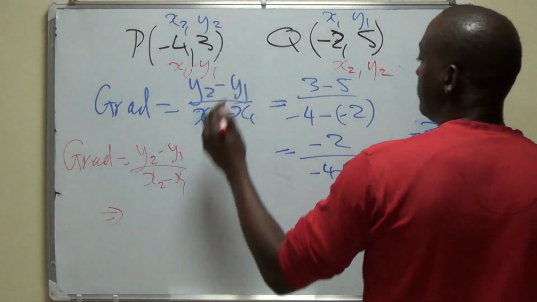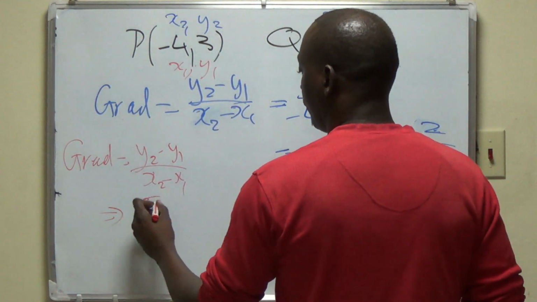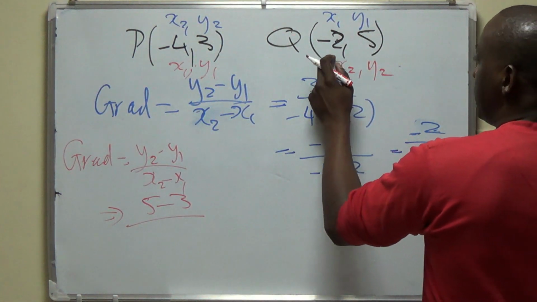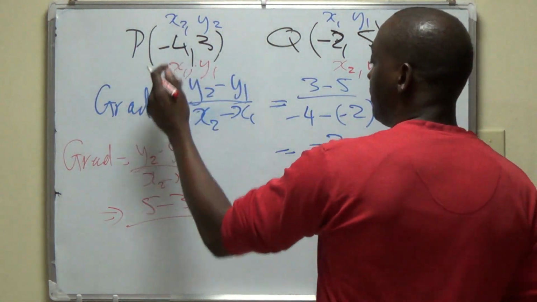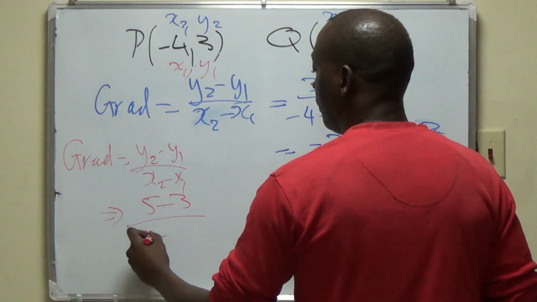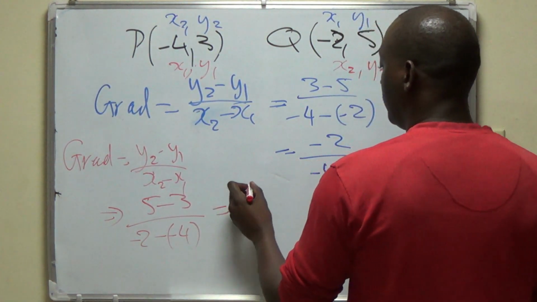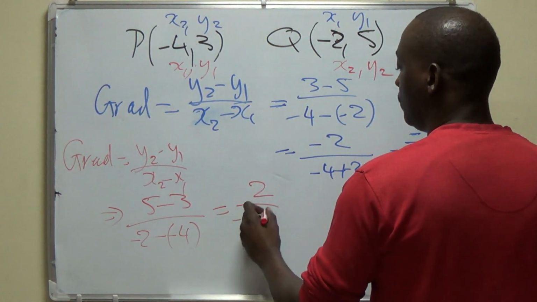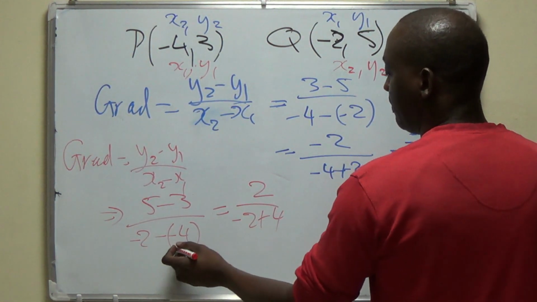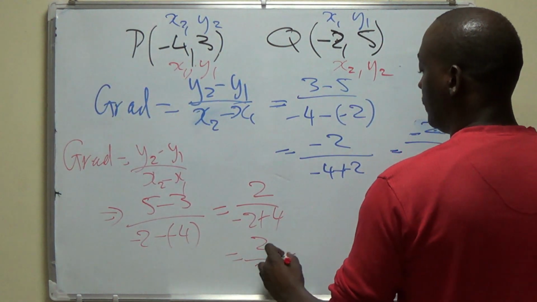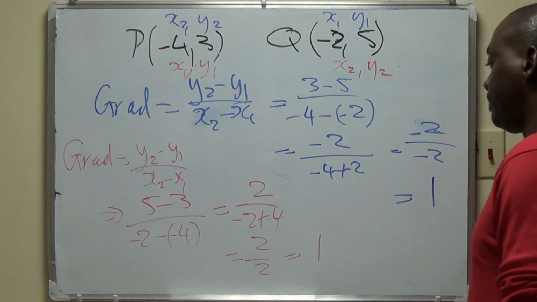So 5 minus 3 over minus 2 minus minus 4. So minus 2 minus minus 4 will be equal to 2 over minus 2 plus 4. Minus minus is a plus here again, right? Which will be equal to 2 over 2, which is the same 1.